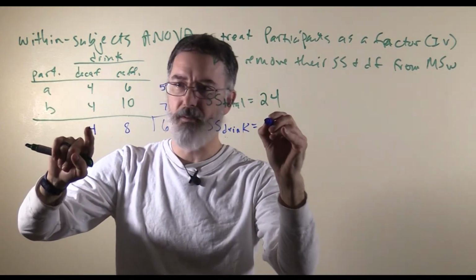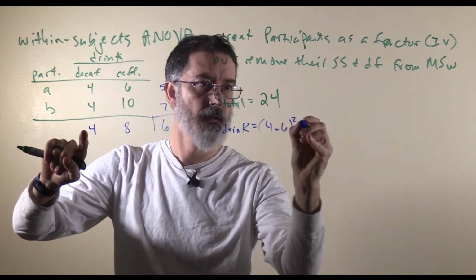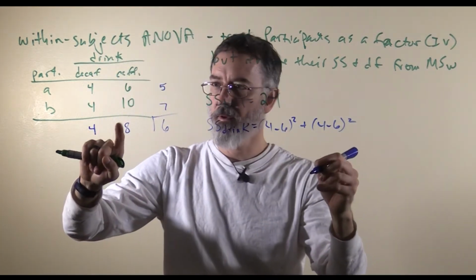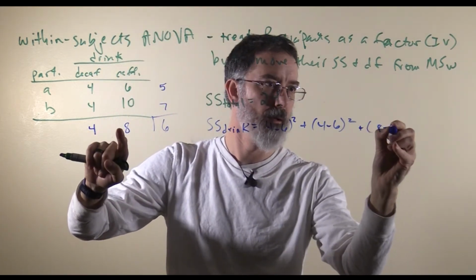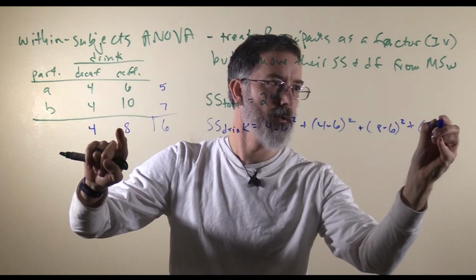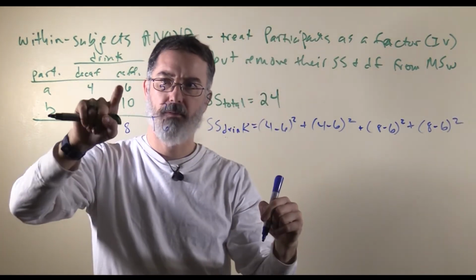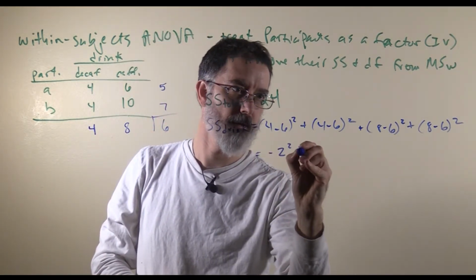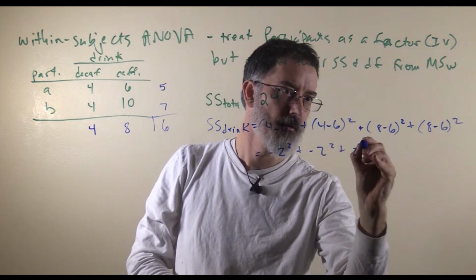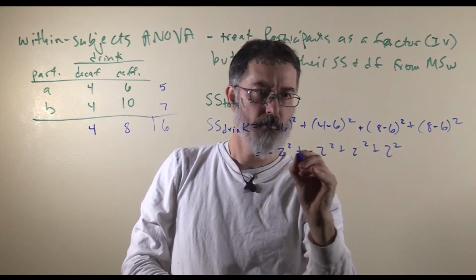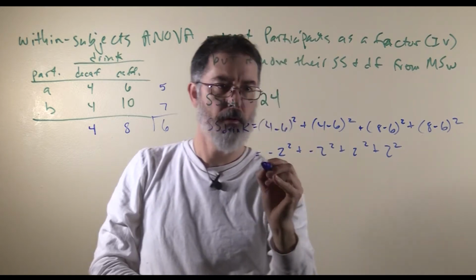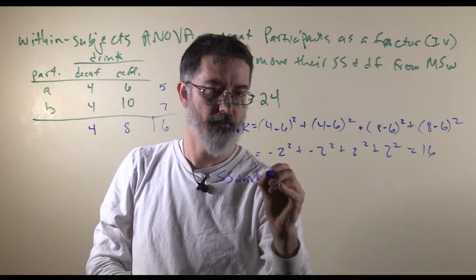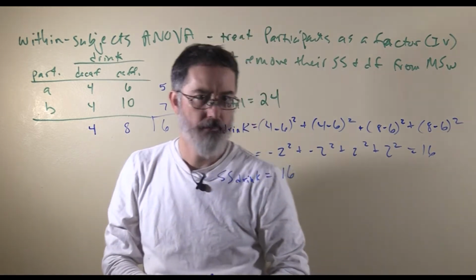So 4 minus 6 plus 4 minus 6, right? And that's because there's 2 here. Then we do 8 minus 6 squared 2 times, once for each of these two. All right, this is negative 2 squared plus negative 2 squared plus 2 squared plus 2 squared, 4 times 4, so that's going to be 16. So our sums of squares for the drink independent variable is going to be 16.